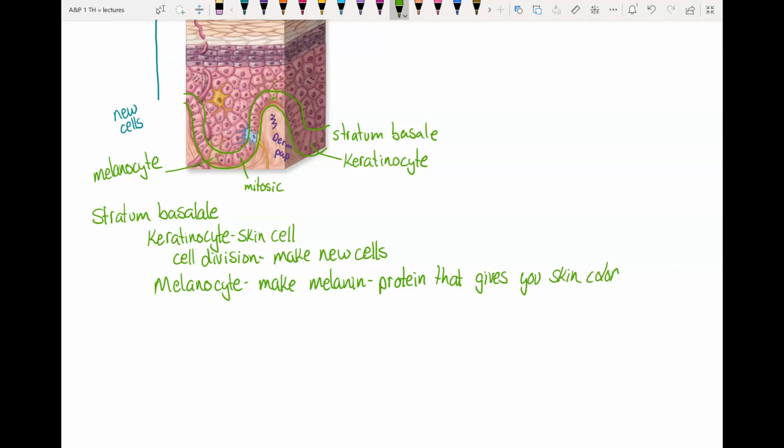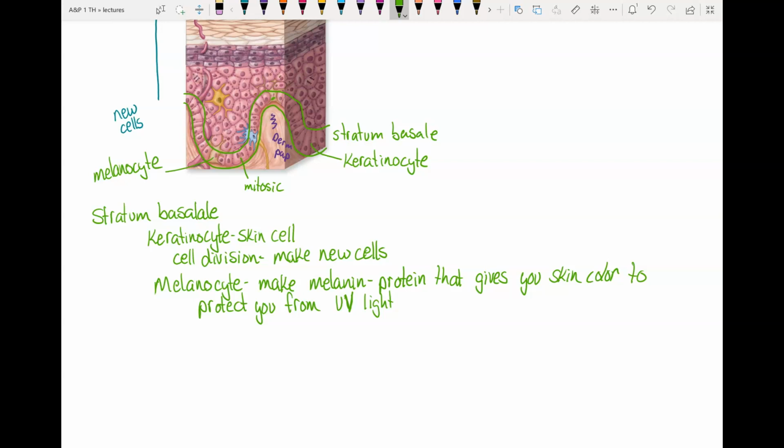And the purpose of your skin color is to protect you from UV light. So that's what melanin does. It protects you from the damaging UV light. And in a later section, we're going to look in a lot more detail at UV light and melanin and how it's protecting you and what's going on with all that.